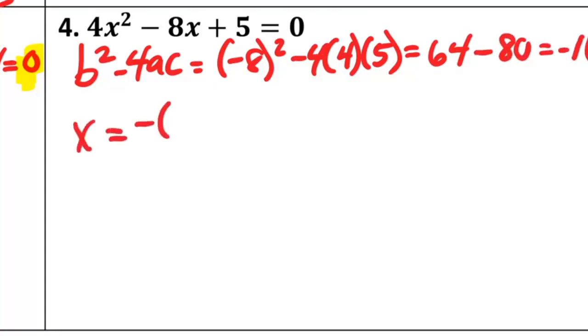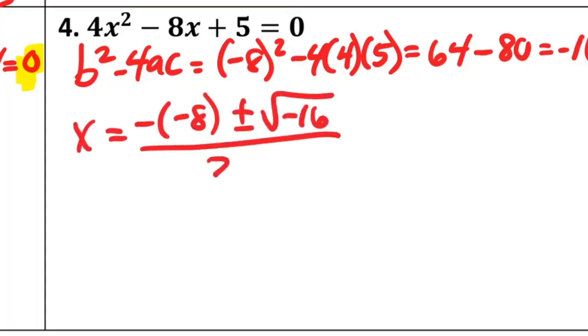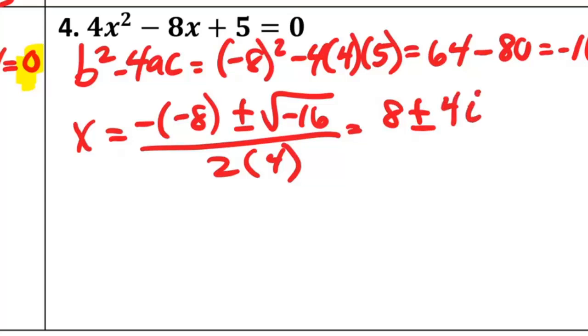X equals negative b plus or minus the square root of negative 16 over 2 times a. 8 plus or minus, the square root of 16 is 4, but because it's negative, we'll include an i, over 2 times 4, which is 8.